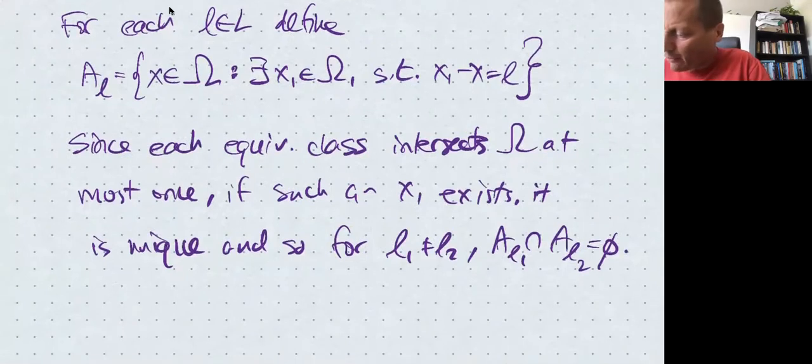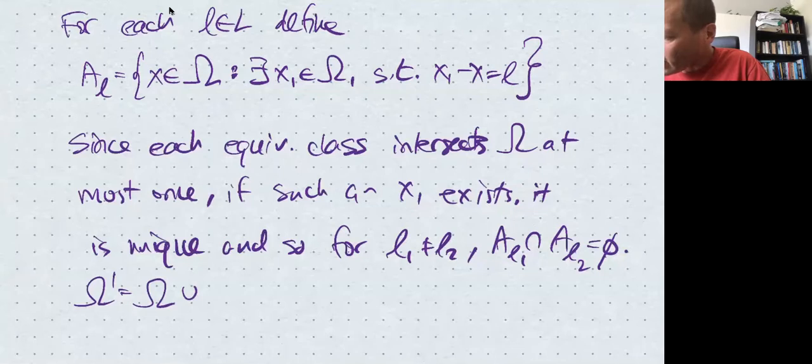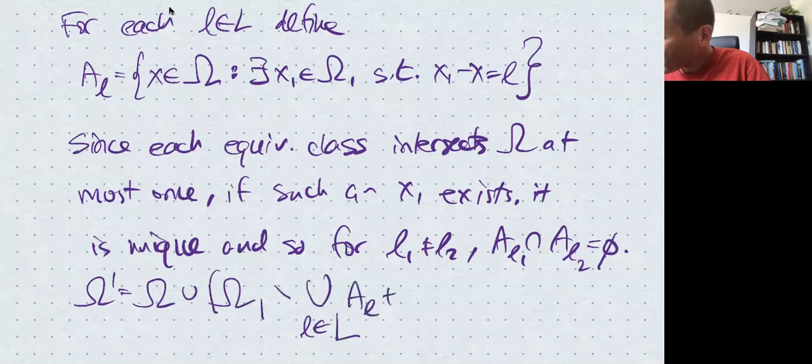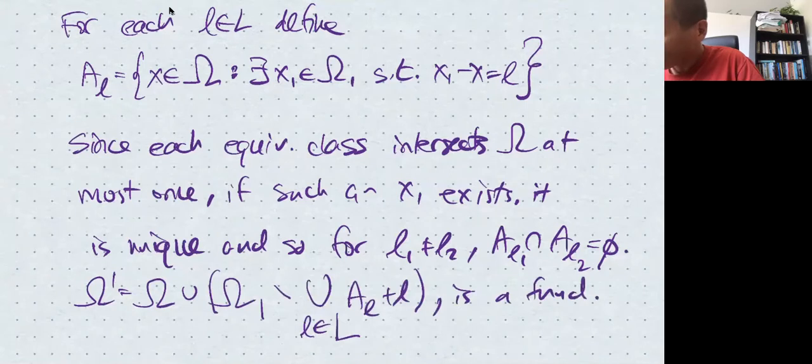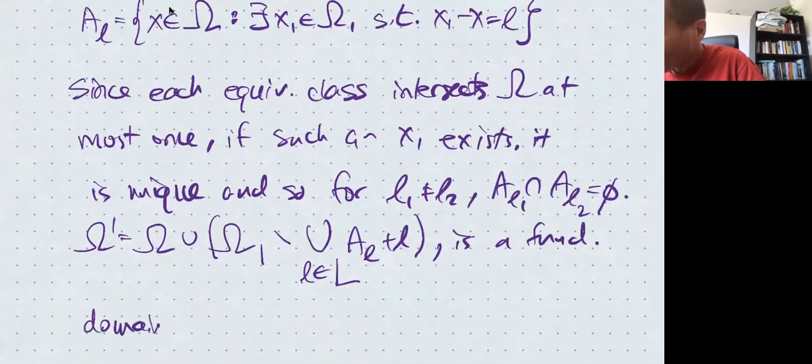And now let me just write down that omega prime, which is omega union the complement, is a fundamental domain containing omega.